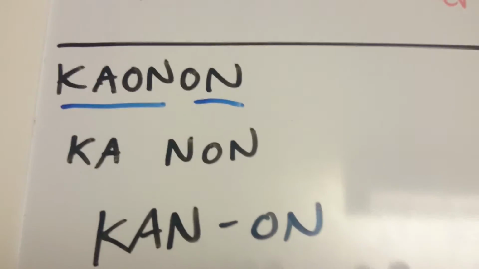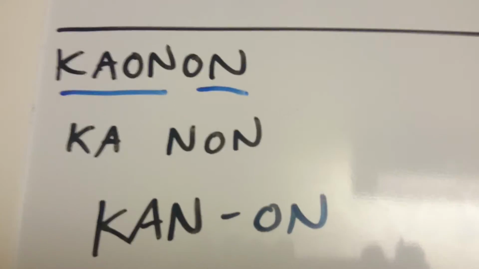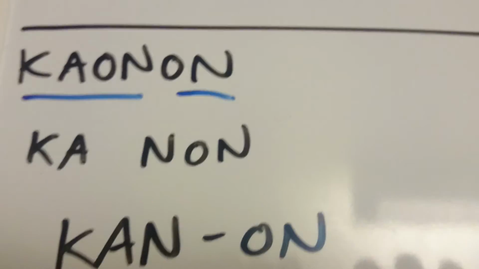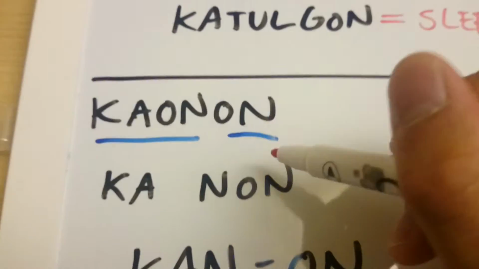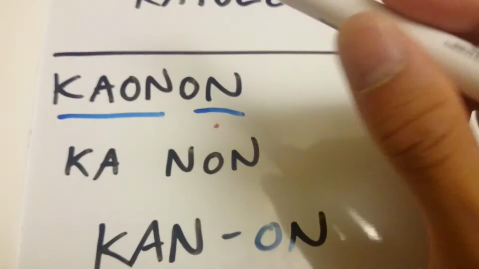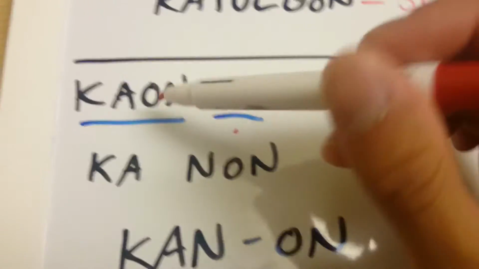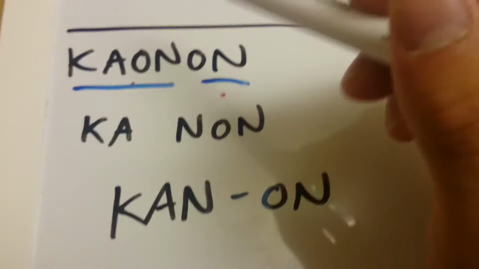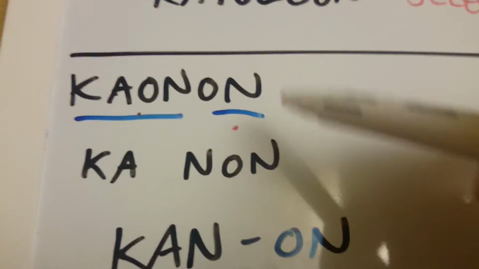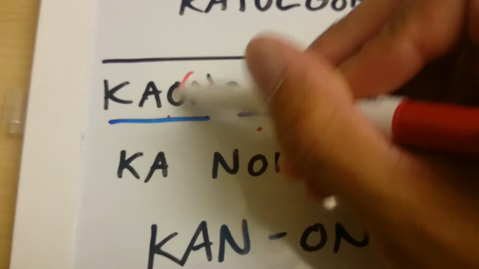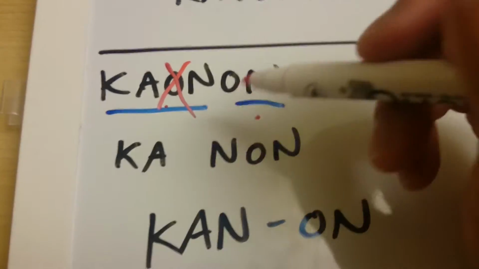Our next example is kaonon, which means eat, right? Kaon, which means eat. We added this affix at the end, and by adding a morpheme to this root, kaon, we get something called kaonon. And since we're talking about deletion, this phoneme, the O, was deleted, right?